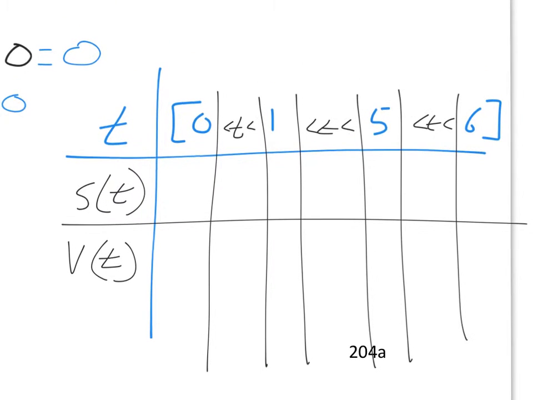So some values you could just plug in for there. I mean, you could plug in a half, maybe a 3, and maybe a 5.5. And now we know the velocity when t is 1 is 0, and the velocity when t is 5 is 0. And so what we really want to know is, what is the velocity in between? Is it positive or negative? Because if it changes velocity, then it's changing direction.